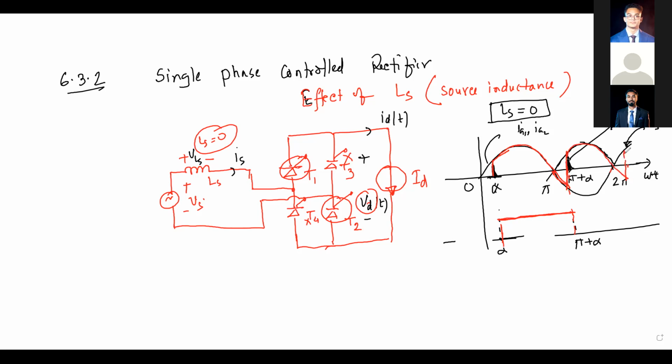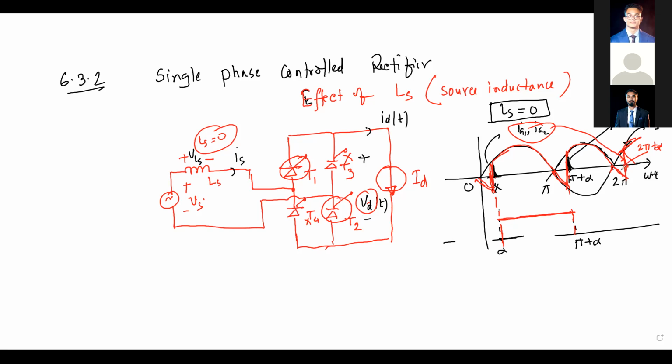Can you remember this? Yes, sir. So the output voltage will be like this. And this is your twice pi plus alpha. Again, we have applied another pulse to IG1 and IG2. So this twice pi plus alpha is equivalent to your 0 to alpha.